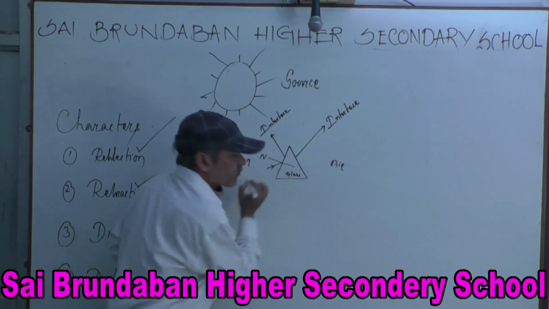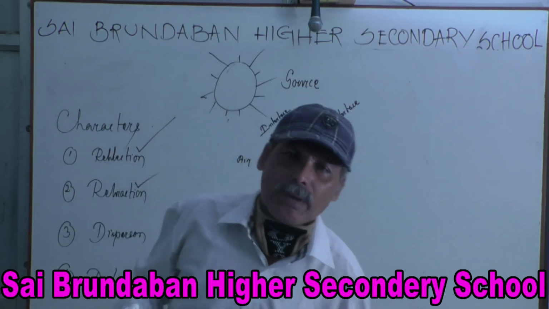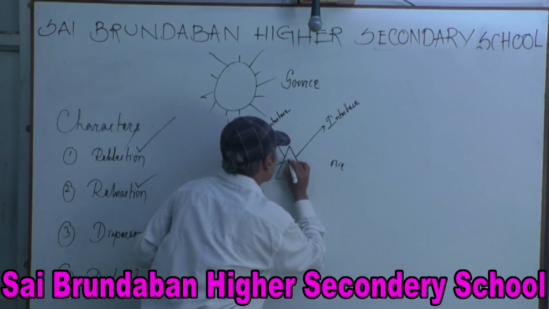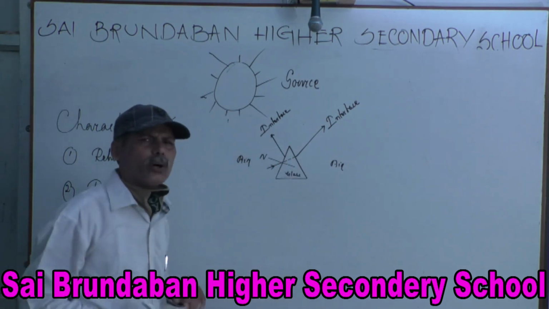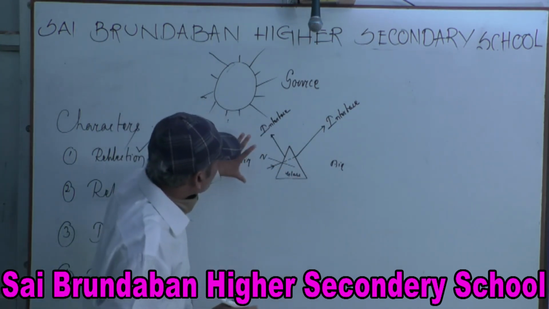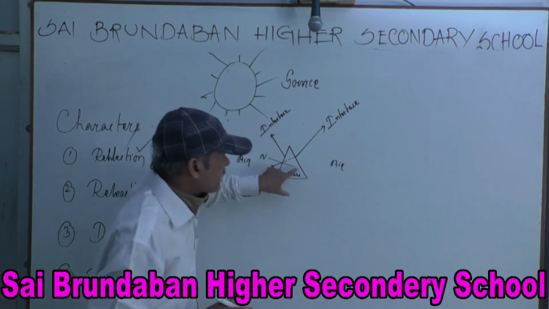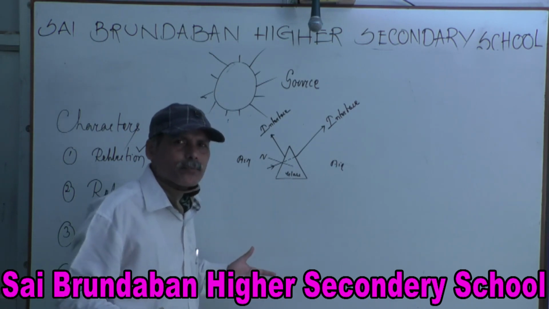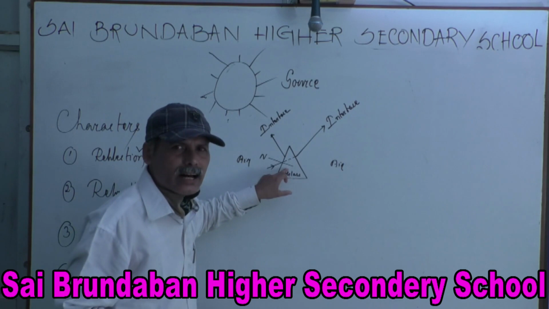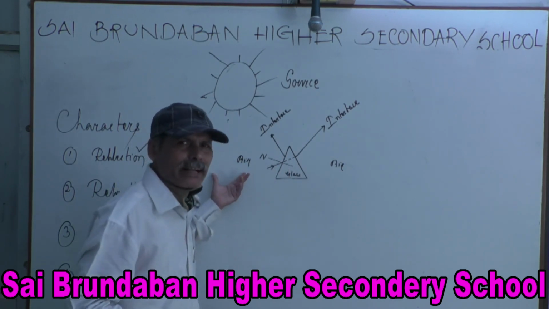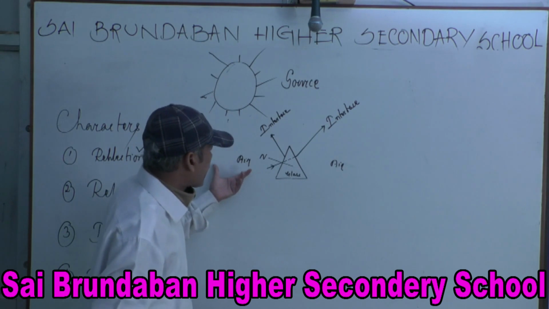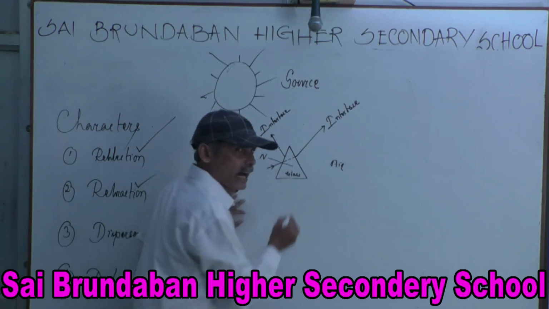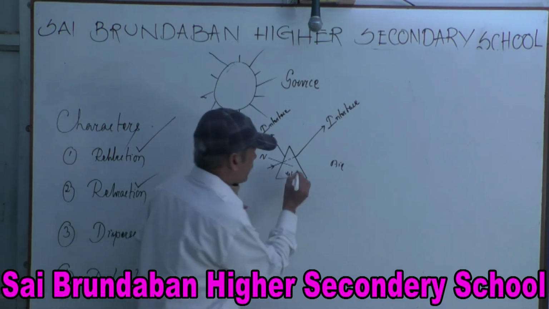This incident ray undergoes deviation of path. It is supposed to go in this direction, but it doesn't. This is the rarer medium. This is a denser medium because it is glass. This is air, a free medium, rarer medium. So that's why the light bends towards the normal.